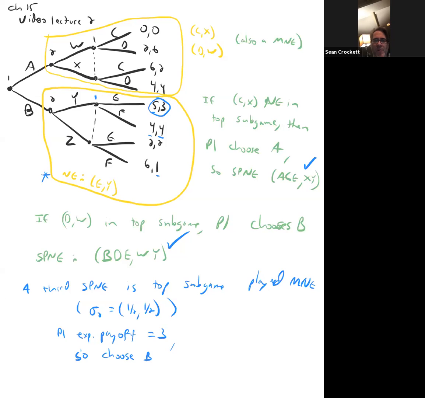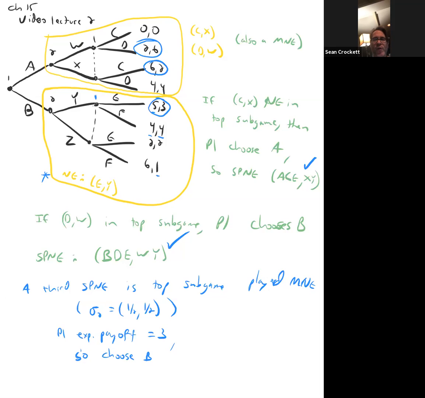But in the top subgame, there are two pure strategy equilibria. This one, CX, and this one, DW, are both equilibria. If player two plays W, player one's payoff is maximized by picking D. And if player one picks D, player two's payoff is maximized by picking W. So that's an equilibrium.